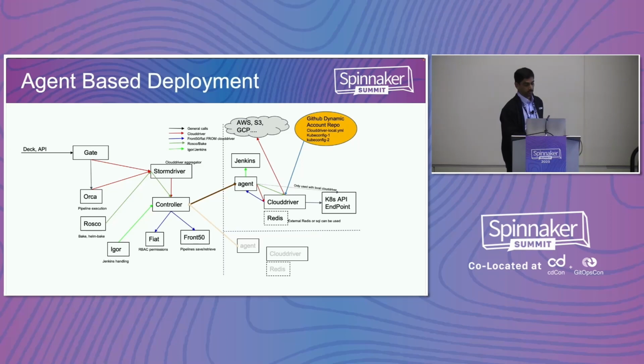And Spinnaker will work as if it's all connected locally. The reverse path is also the same. If the Clouddriver wants to talk to Fiat, it goes to the agent, the controller, and then to Fiat.